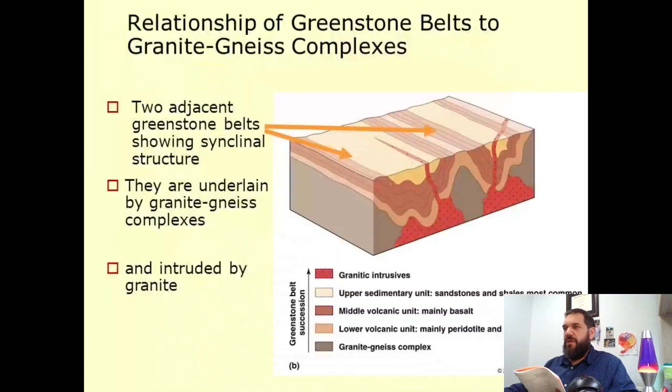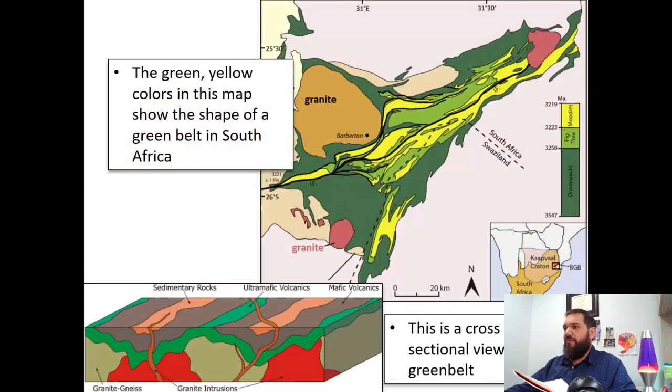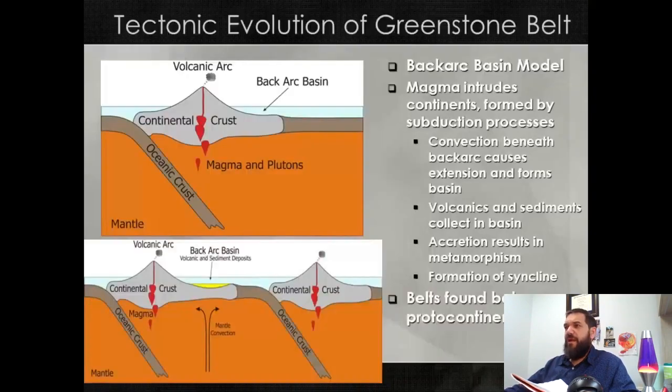They're often in synclinal folds, which means bowl-shaped folds. Do you see the bowl-shaped depression fold? So they're often in those kinds of folded units, often intruded by granite. We call them belts because they often form mountain belts. Here's some in South Africa.